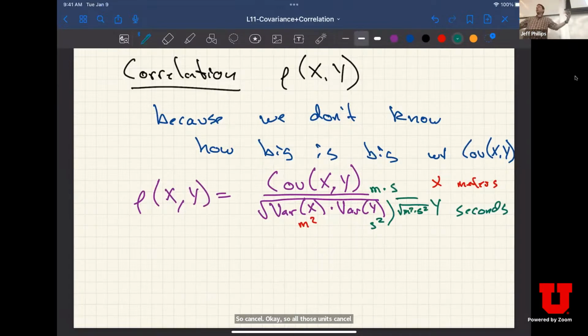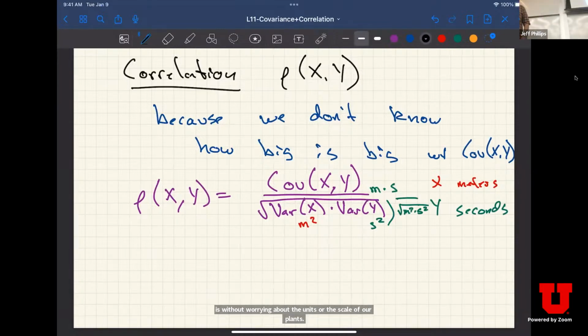So the correlation does not have units, which means we can actually say how big it is without worrying about the units or the scale of our plots.